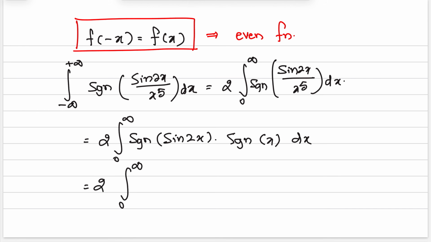Please try to follow this. Because 0 to infinity means x is greater than 0, signum sin 2x into signum x dx.